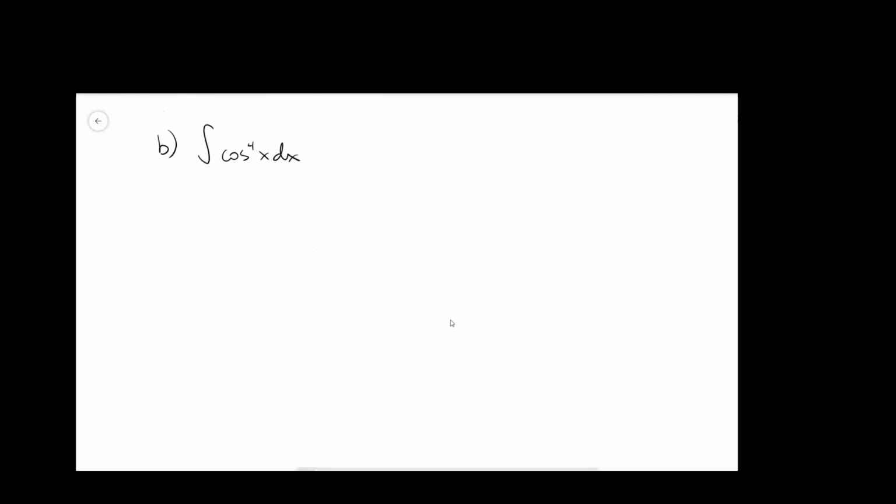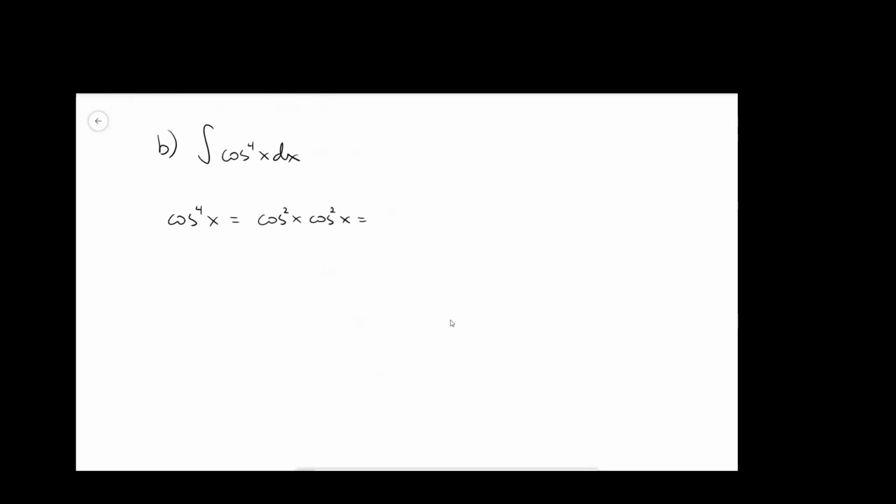Well, the even powers by themselves, unfortunately, are a little bit trickier to deal with. And that's where these power reducing identities are going to come in. If you have just even powers of sines and cosines, or just one by itself, you've got to use these power reducing identities. So what we're going to do is write this as cosine squared squared if you want to. It doesn't really matter. Notice that at the very top of the page on 7.2, you have those power reducing identities.